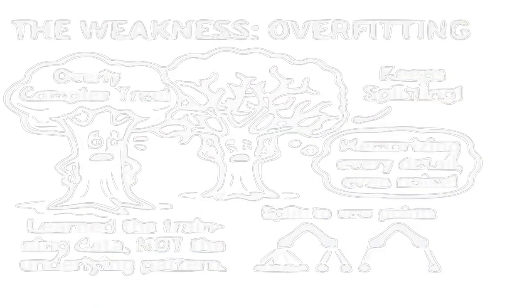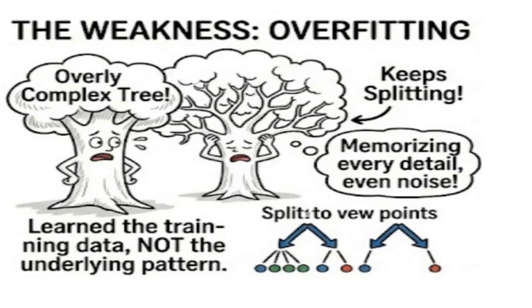Now, while decision trees are powerful, they also have a weakness. They can become too good at learning the training data. This might sound like a good thing, but it can actually be a problem. If the tree keeps splitting and splitting, it can start to memorize every tiny detail, even noise and random patterns that don't really matter.